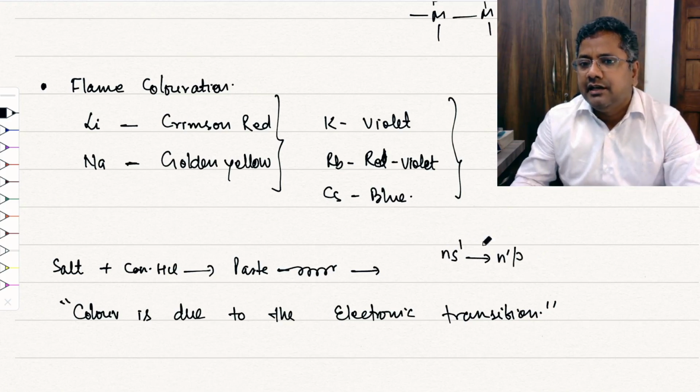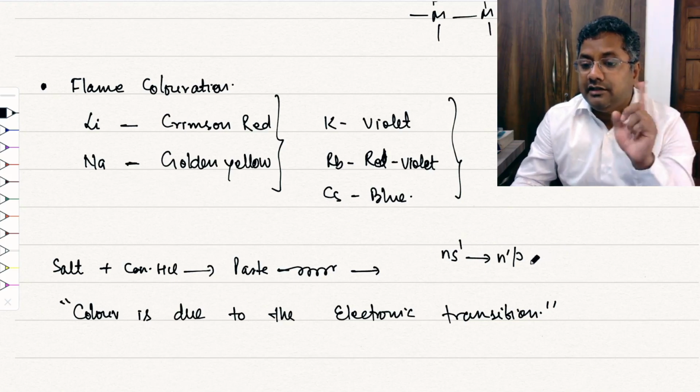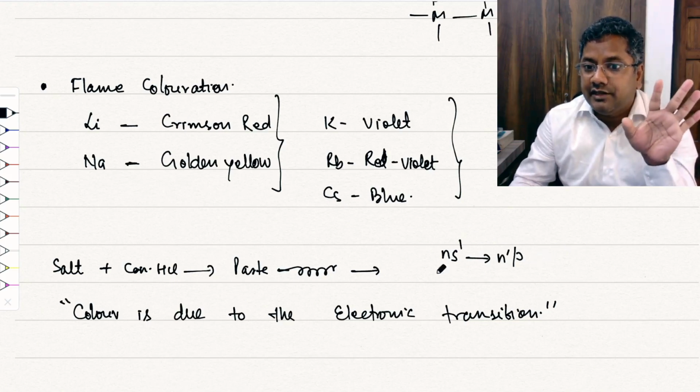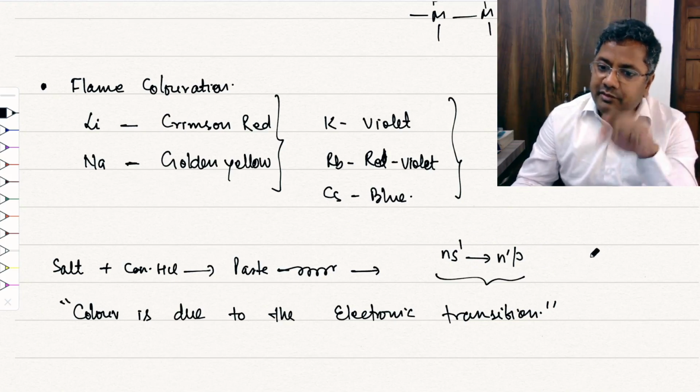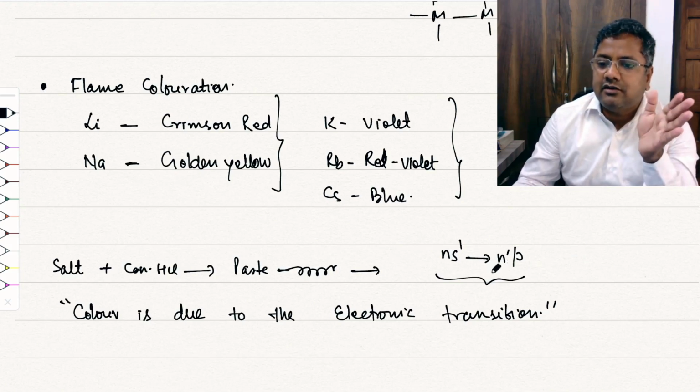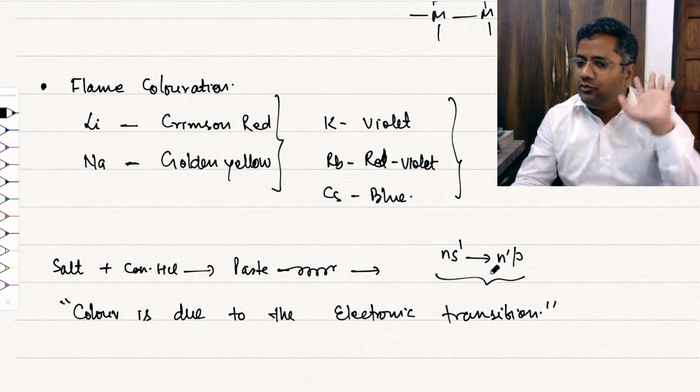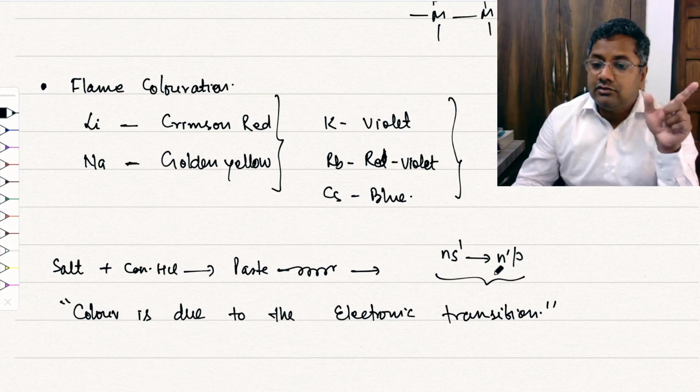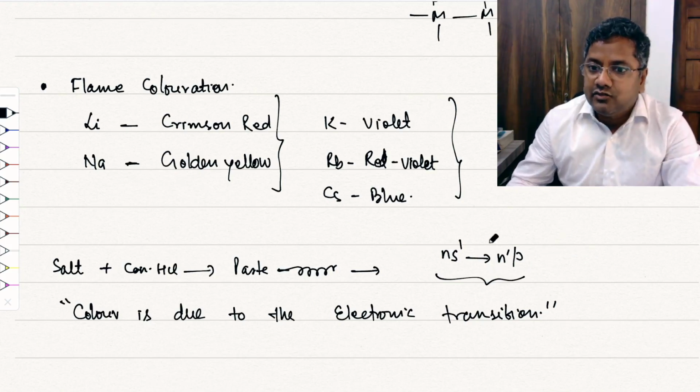The electron will excite to one of the p, not to d, not to f. Remember, this is a very important point. The ns electron makes a transition to np only, and n has no restriction, so a 2s or 3s electron can go to 5p, no problem. But it will not go to 3d or 4d or any d, or f. So the electron moves between ns and np.